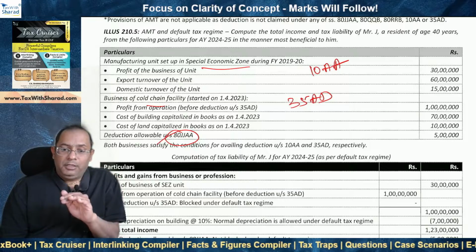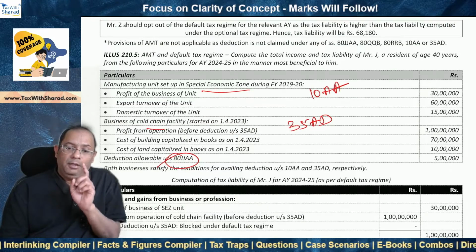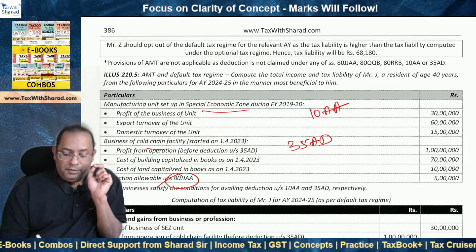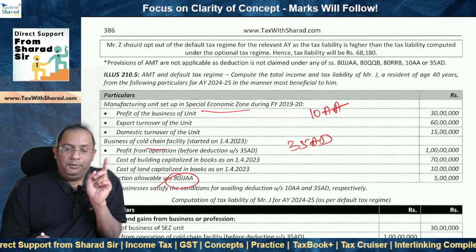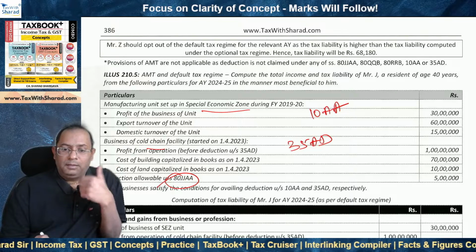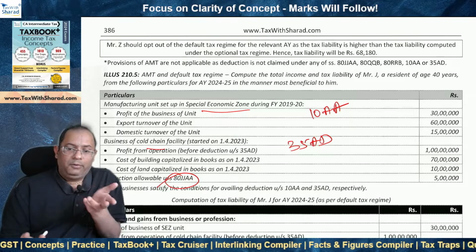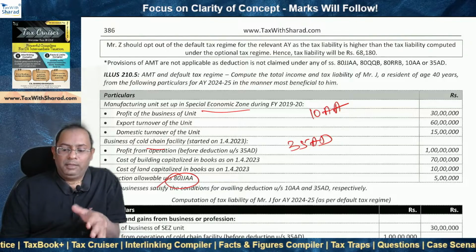Under the optional tax regime, you also need to make the AMT related computation if you find that AMT provisions apply. So in the question, if you see implications of 10AA, 35AD, or 80JJAA, 80QQB, or 80RRB, you should immediately consider AMT and then compute ATI. If ATI is not more than 20 lakh, the story of AMT gets over, AMT doesn't become applicable.